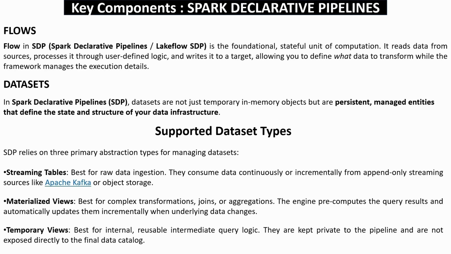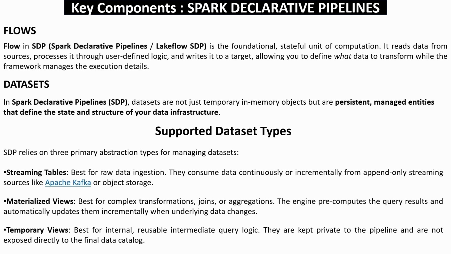Spark Declarative Pipelines have three abstraction types which can manage the datasets. The first is streaming tables, which is self-explanatory: we are consuming the data incrementally as micro-batches and appending the stream to the dataset. Second is materialized view.